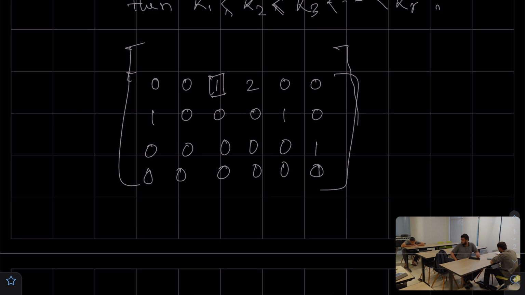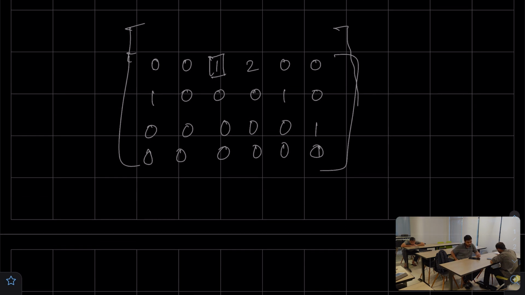So this is the first column, the second column, the third column, the fourth, the fifth, and this is the sixth.